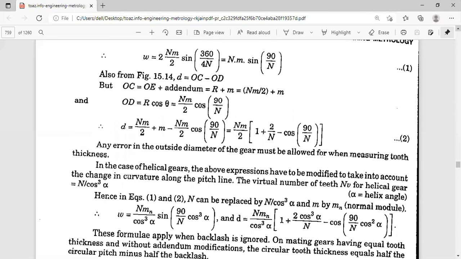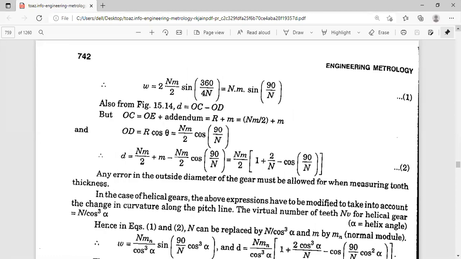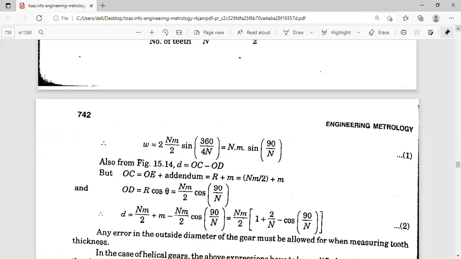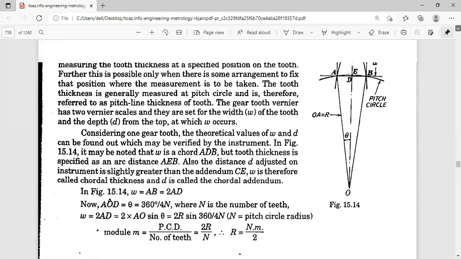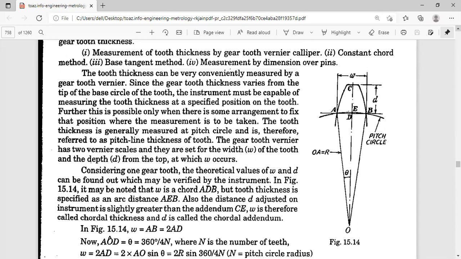Because we have 2 verniers, the horizontal vernier and the vertical vernier, one is dependent on the other, and the position is very important. The position is how you set it by means of the vertical vernier. If you set the vertical vernier height D exactly at the pitch line, then you have to measure the W, that is the gear tooth thickness, exactly at the pitch line.